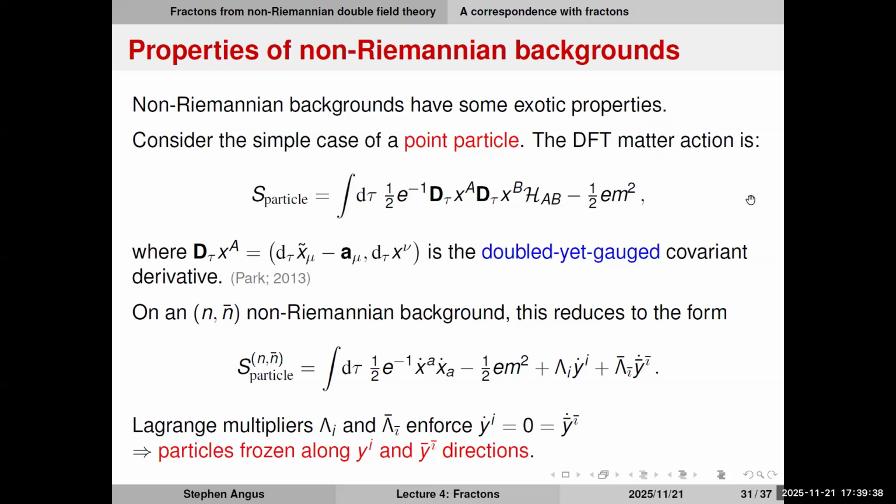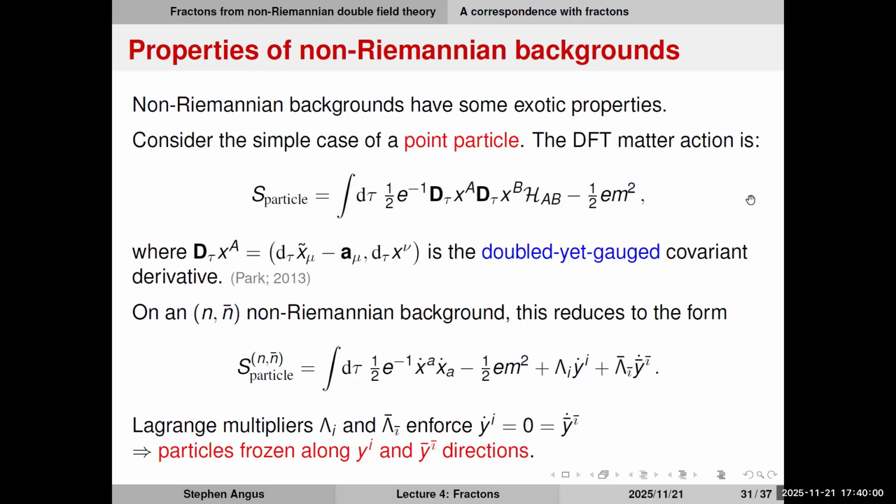This lambda and lambda bar act as Lagrange multipliers, and they enforce that y dot is 0 and y bar dot is 0 for this particle, which means the particle is frozen along the y and y bar directions.